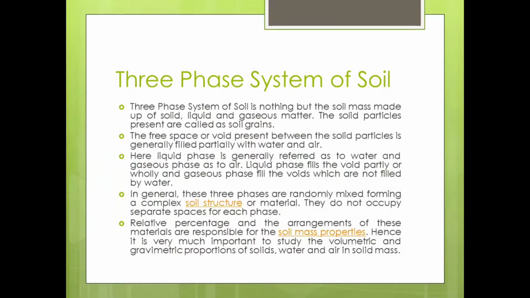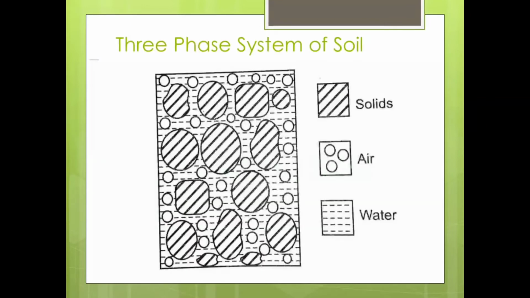So this is a three-phase system of soil, whatever you call it. Instead of reading this, I shall just try to explain all this through this diagrammatical representation. What is a soil?